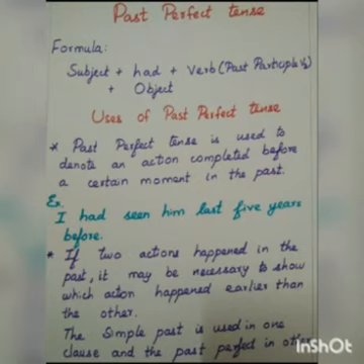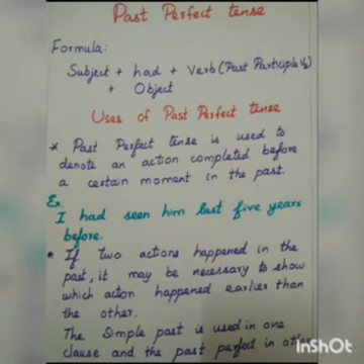Come to the next point. If two actions happened in the past, it may be necessary to show which action happened earlier than the other. So, past perfect tense is used mainly in such situations.